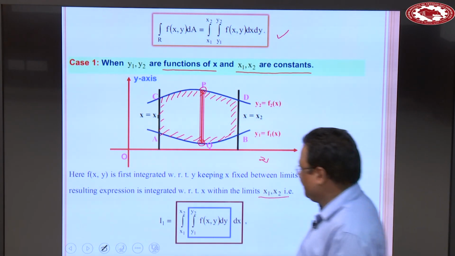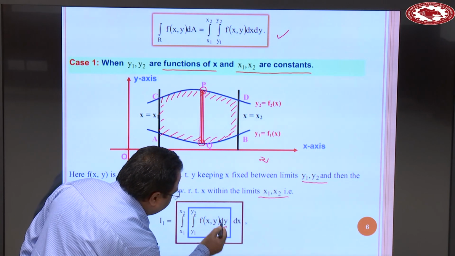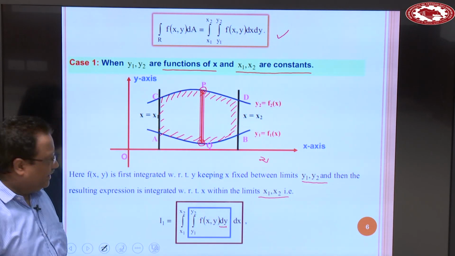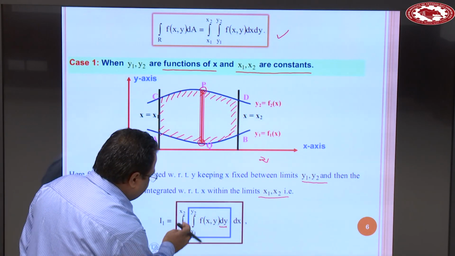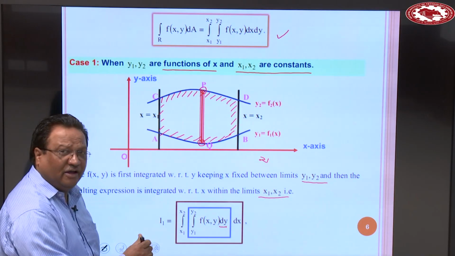This means integral y1 to y2 f(x,y) dy, and outside dx, integral x1 to x2.